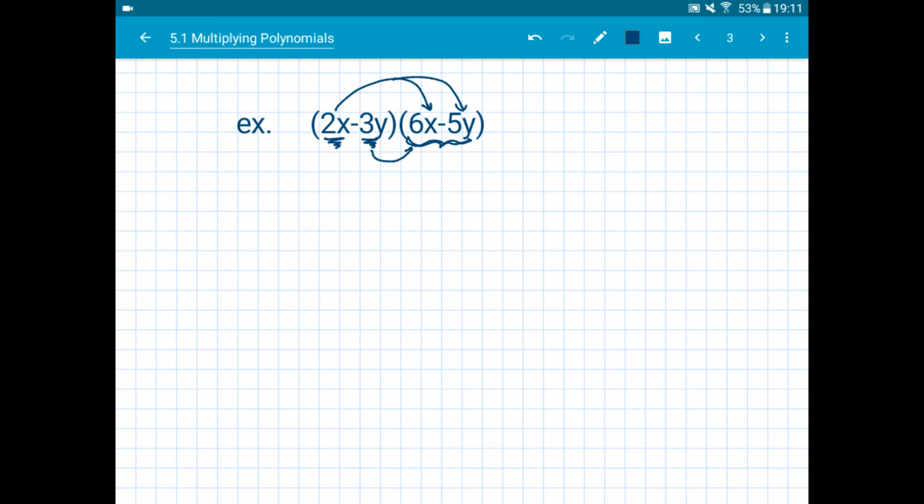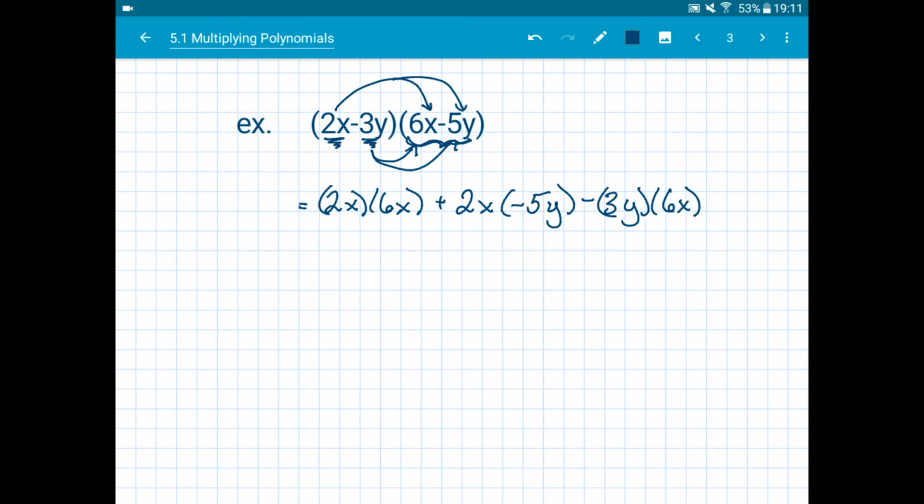Then minus 3y of these, so minus 3y times 6x and minus 3y times minus 5y. So 2x times 6x plus 2x times minus 5y, minus 3y times 6x, and finally plus minus 3y times minus 5y.